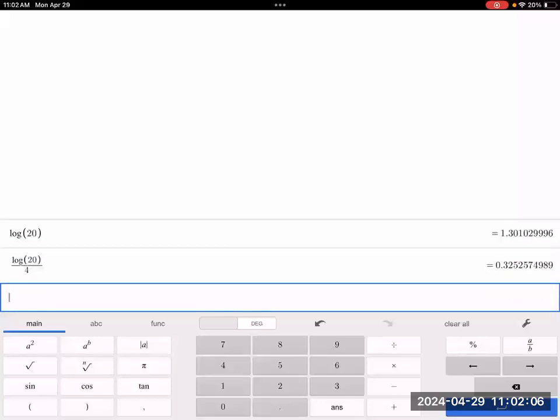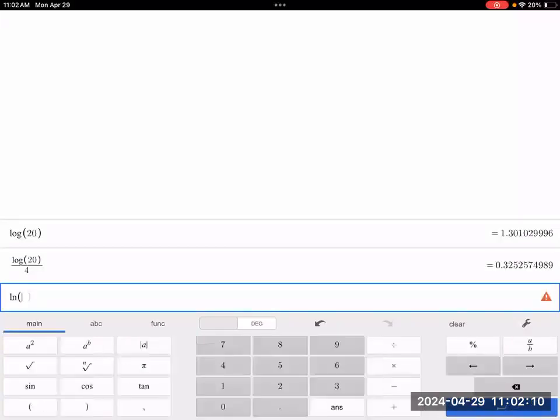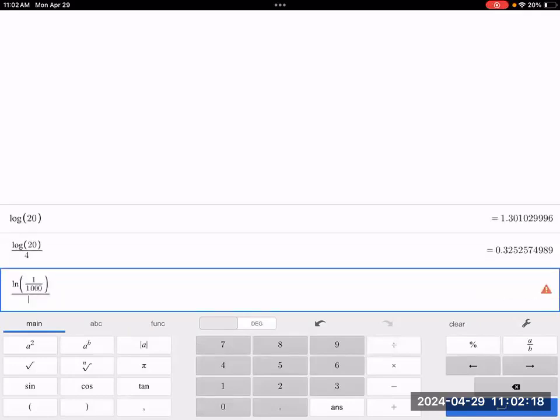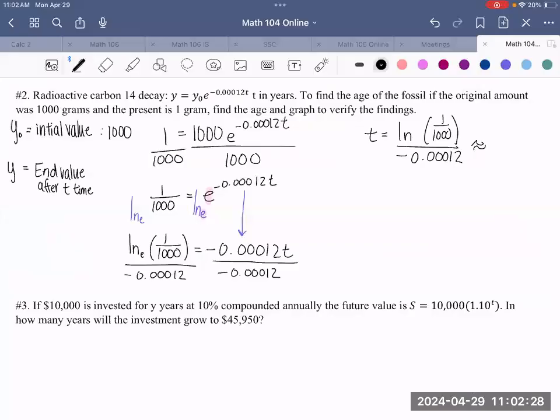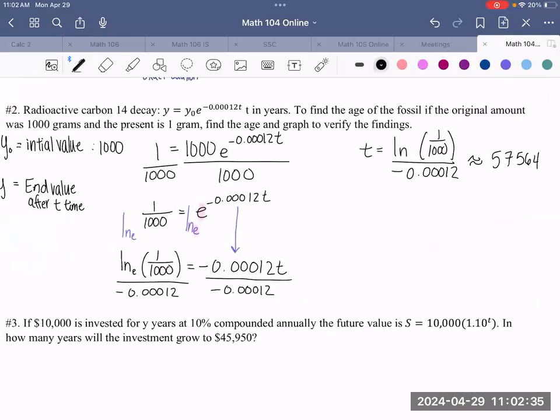So we're going to take the function ln, we said 1 divided by 1,000, all over negative 0.00012. So we should get 57,564 and some change.